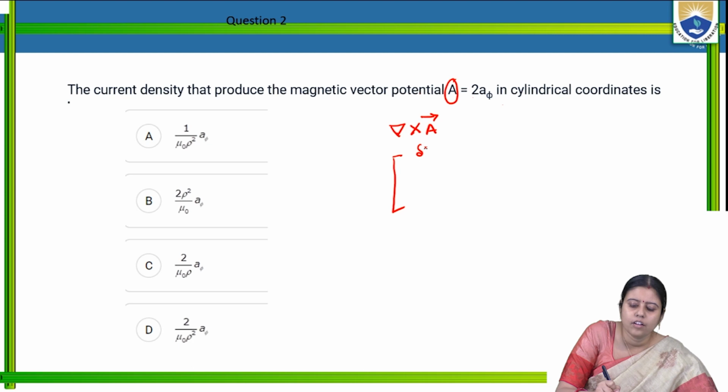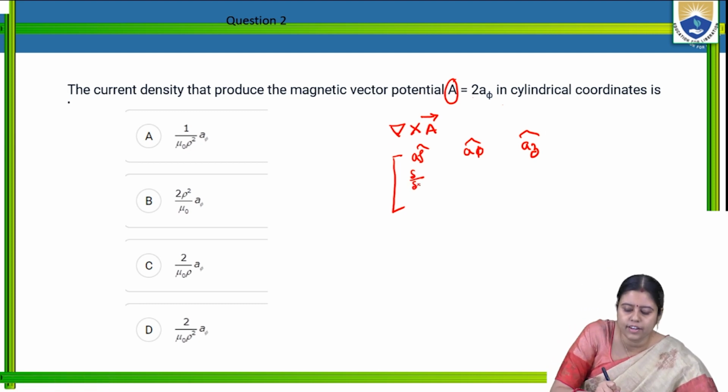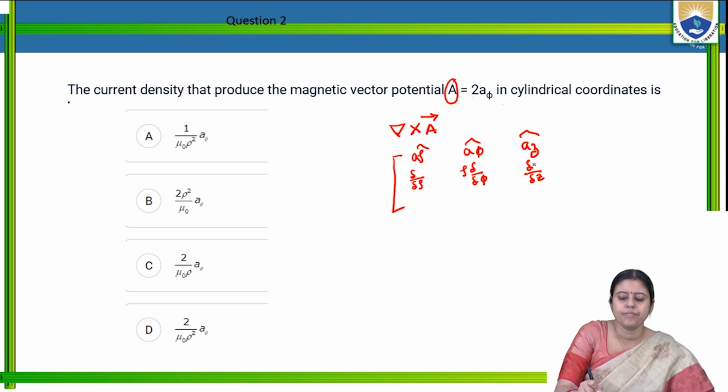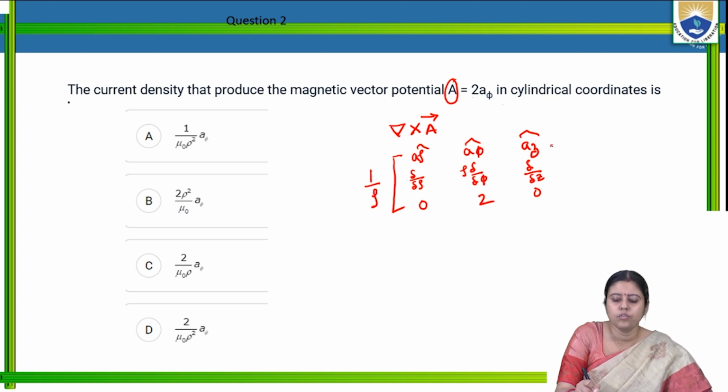The components are A rho, A phi, A z. Grad means del by del rho, 1 by rho del by del phi, and del by del z. What is A? Only the A phi component is there: 0, 2 rho, 0, with the prefactor 1 by rho.